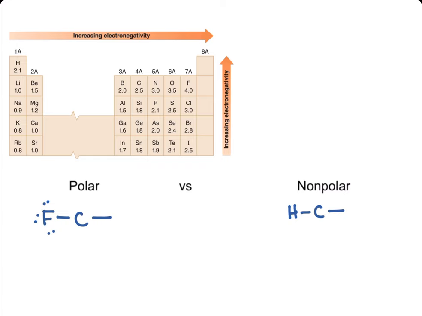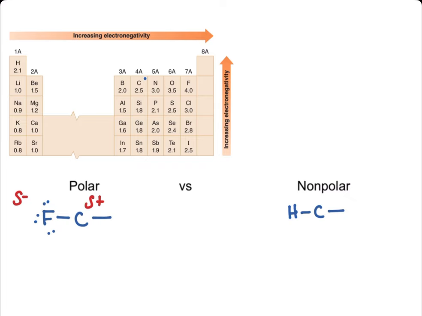We want to examine the electronegativity value. We're looking at carbon and fluorine. Fluorine has a larger electronegative value, so it means it's more electronegative. So the electronegative atom gets the partial negative symbol, and carbon gets the partial positive symbol. We also have to draw the dipole.